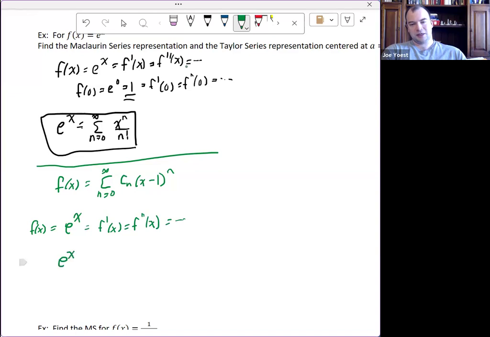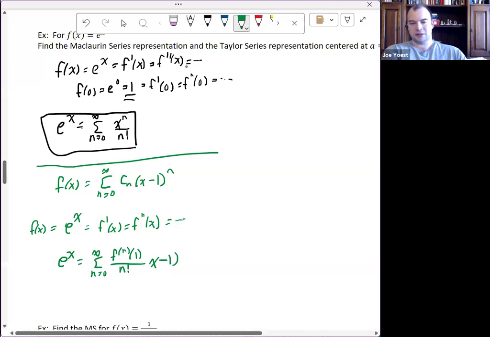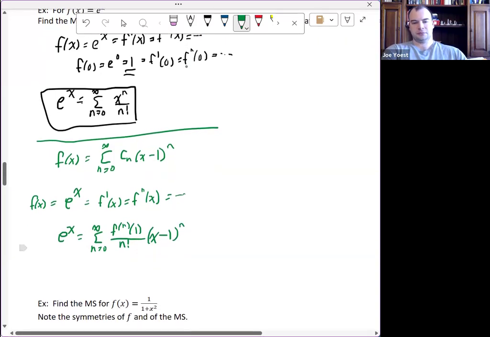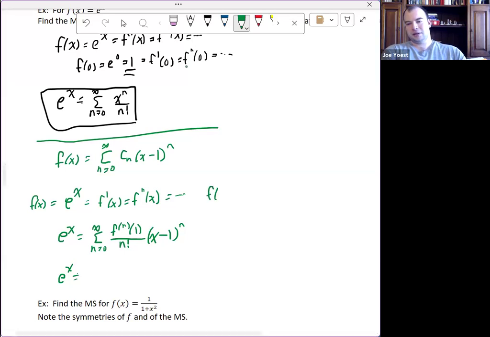But now I'm looking to say that e to the x is the sum from n equals 0 to infinity of what? Of the nth derivative at a, or the nth derivative at 1, over n factorial times x minus 1 to the n. I see that f of 1 is e to the 1, or just e.